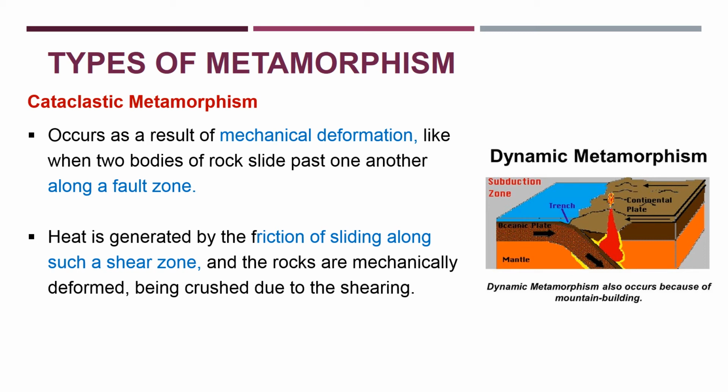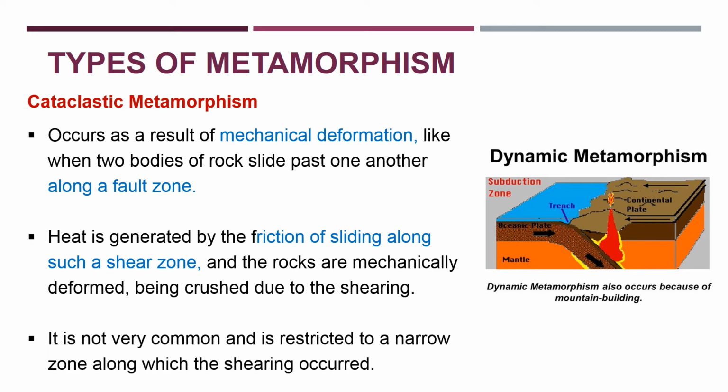There is friction of sliding along such a shear zone, and rocks are mechanically deformed. They change in shape. There will be an elongation even in minerals or crystals. This type is not very common and is restricted to a narrow zone along which shearing happens.